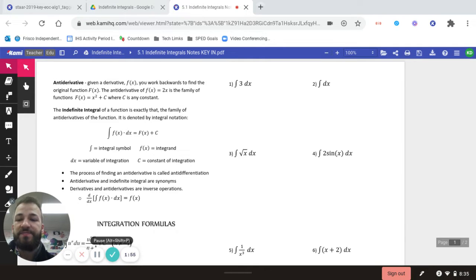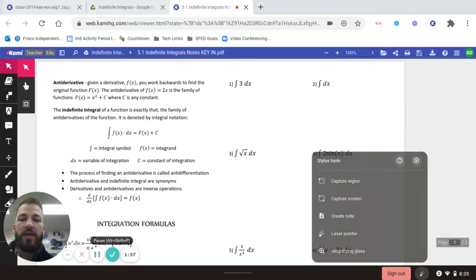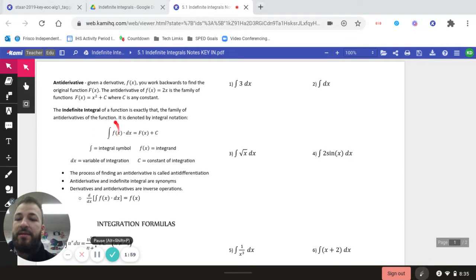So let's talk about this notation a little bit more with integrals. We have this little swirly s, that is our integral symbol. We have f of x, which is the function, but it's also what we call the integrand. It is what we are integrating. Okay, we have dx, which is our variable of integration. It's going to seem kind of redundant because you're going to think we're always going to integrate by x, but we're not.